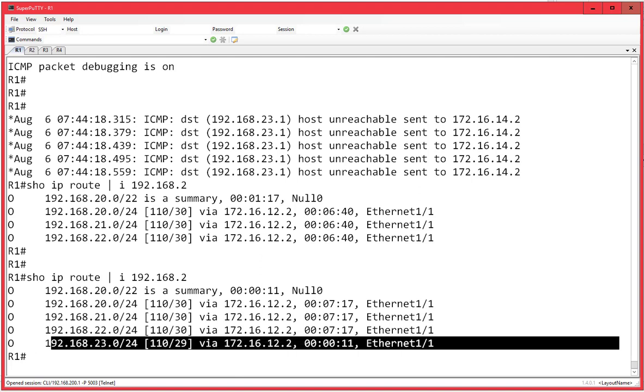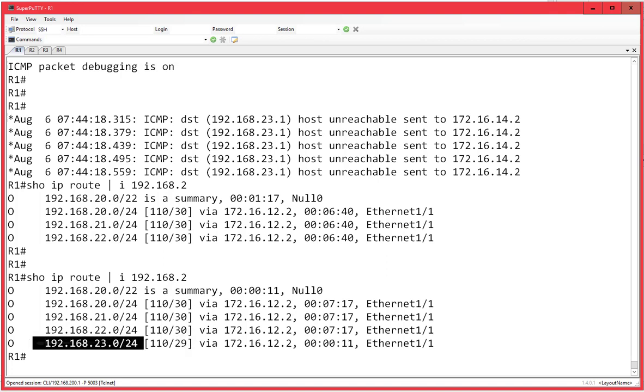All of this stuff ties together, right? We have a more specific route. The ping actually matches this route and this route because this is a longer prefix. It's going to use that route instead of the /22.